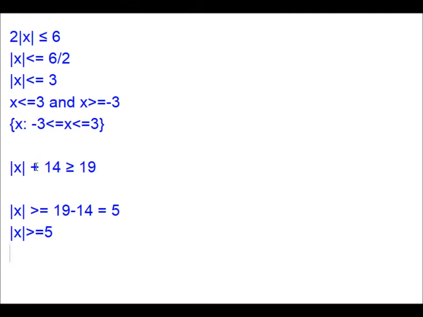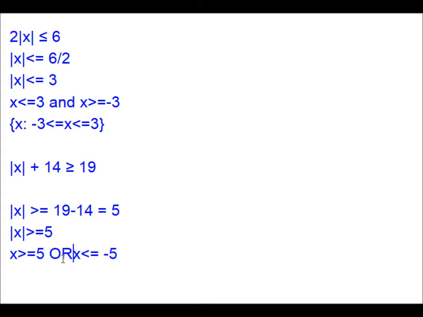Now by this notation we have already learned that this means that x is 5 units from 0 on both sides of the number line. So we can again write x is greater than or equal to 5 and x is less than or equal to -5.